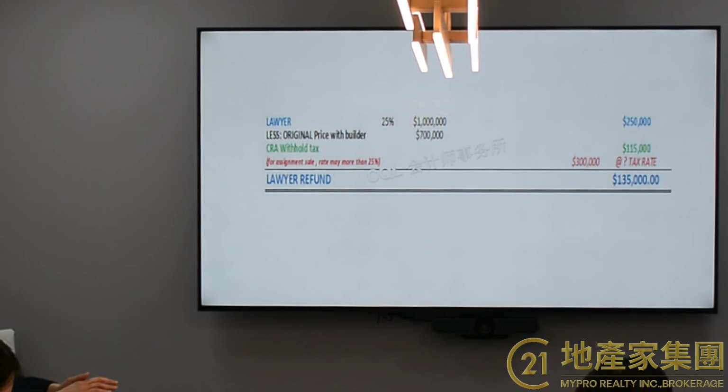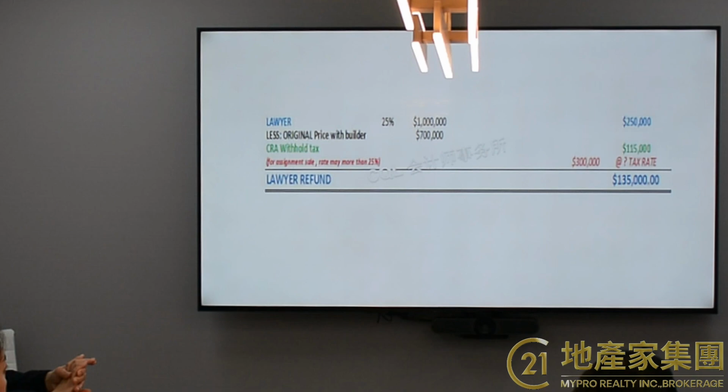Let's save 3 months, because after closing the money would be held in the lawyer's account. If you do the application in advance with the revenue agency, that's a simple way to apply for the tax clearance. So let's make things simple and save the client 3 months of time of money being held in the lawyer's account. That's the simple way.